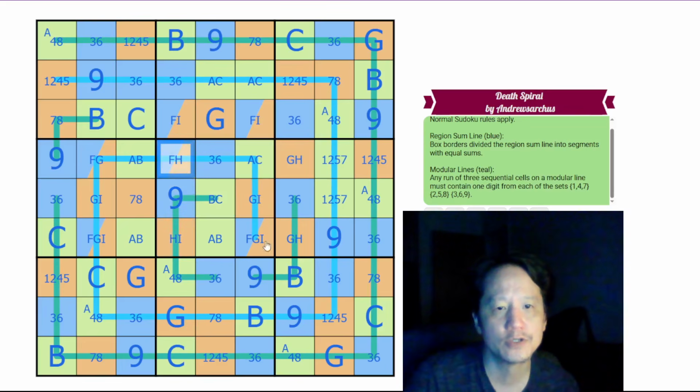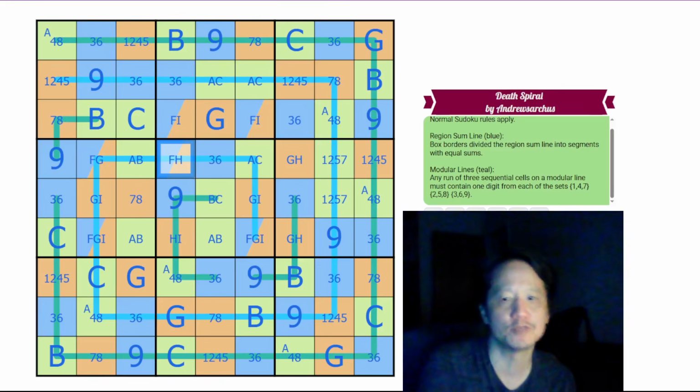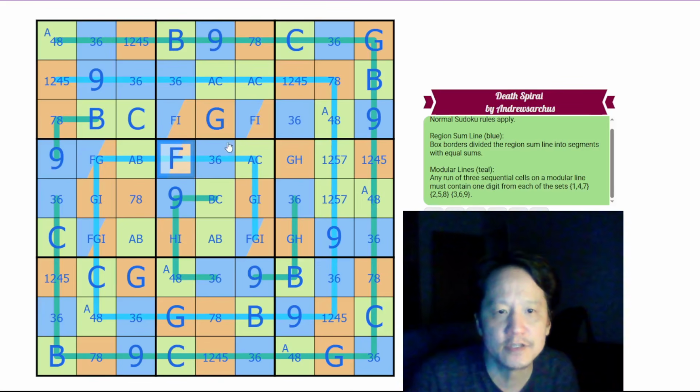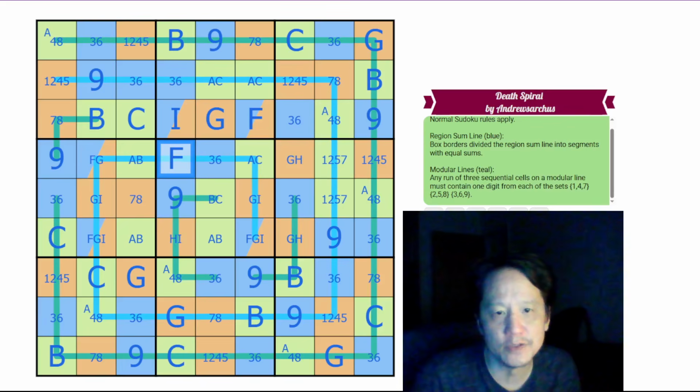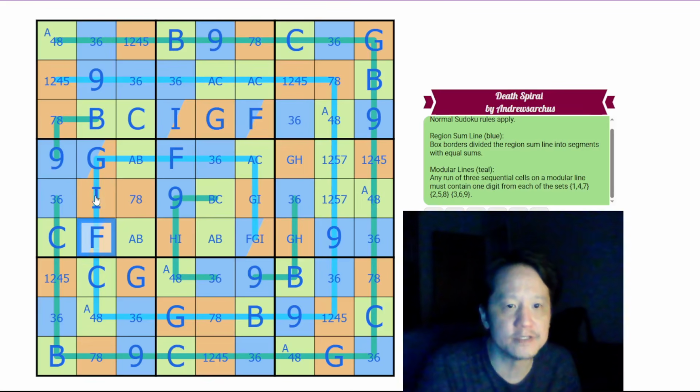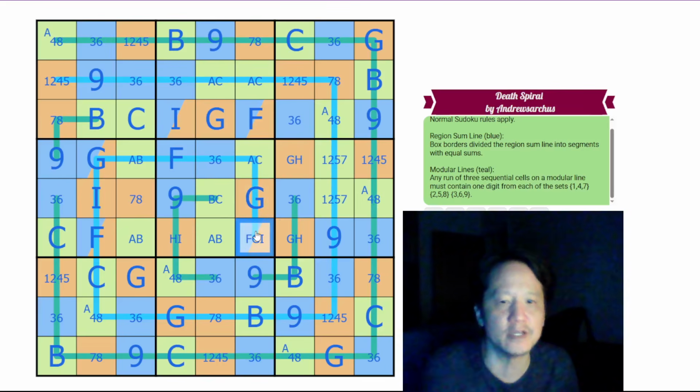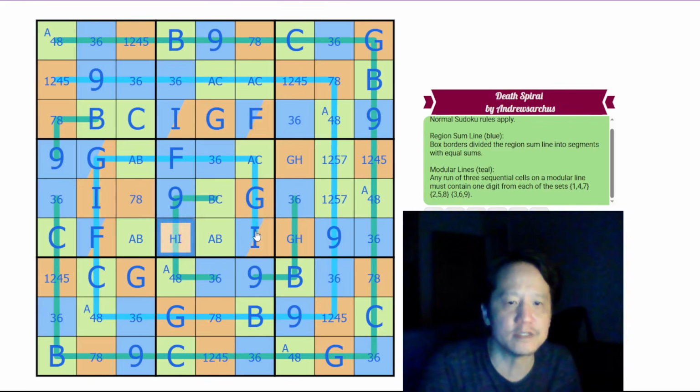So this cannot be H, which means this is F. So this is F, which makes this I. That makes this F. So this is not orange. This is blue, which eliminates blue in the rest of the row. This is G. This is I. This is F. So no I there. That's G. This can't be F or G. This has to be I, which makes this H.